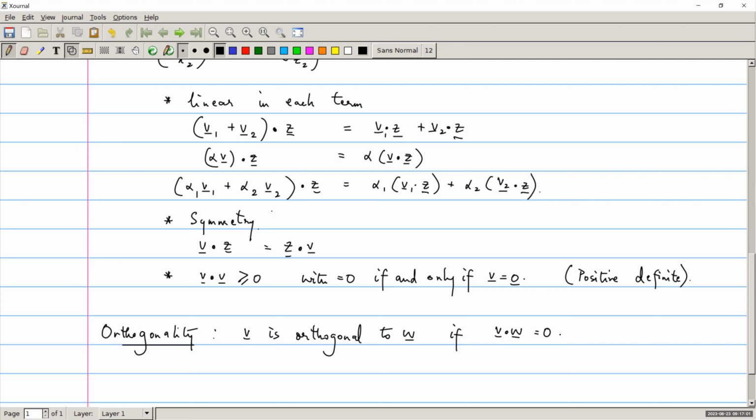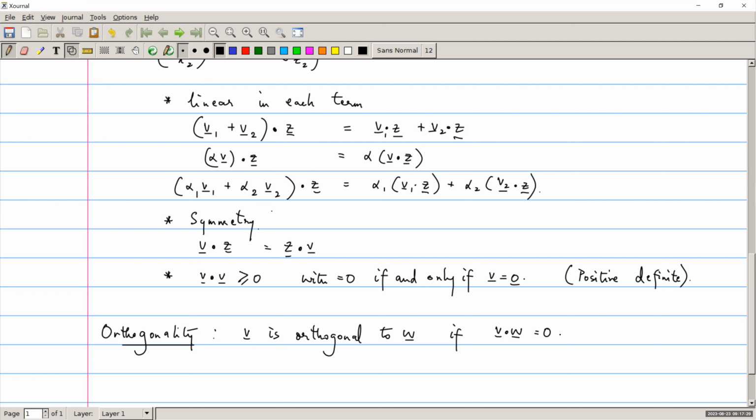Actually, there is an interpretation tool with orthogonality. It means that V and W do not contain any linear information about each other. That's what we mean by linear exclusivity. When we track information in terms of the ability to make linear combinations, orthogonal vectors carry no information about each other.